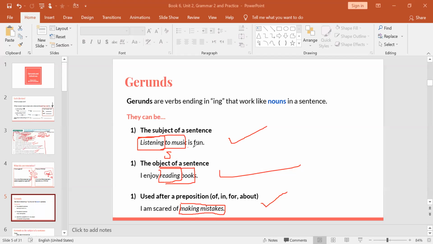And then we have here "is", which is the verb, okay? And so for the object of the sentence, we see that the verb comes first, and then the reading books comes second. And then the prepositional phrase is usually the preposition plus a noun phrase.